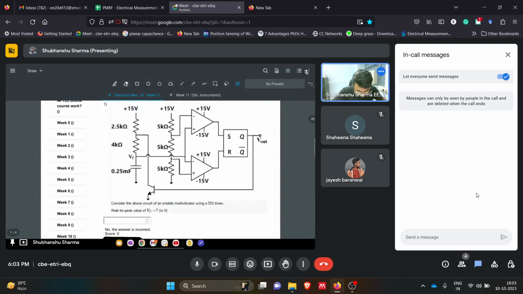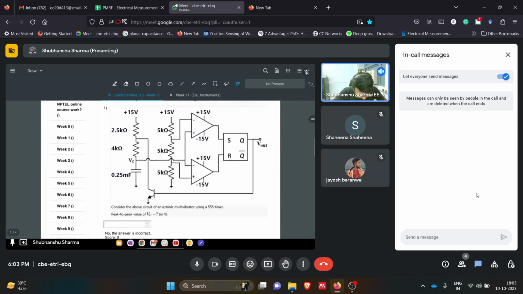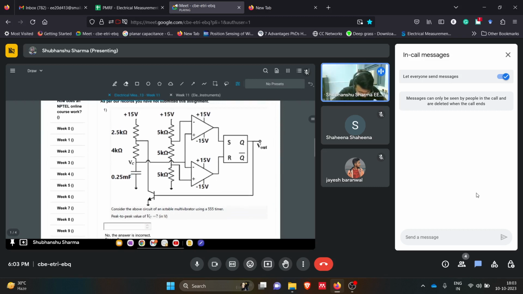So if we see the first question, they are saying, consider the above circuit of an astable multivibrator. The first thing is that this is an astable multivibrator using a 555 timer.